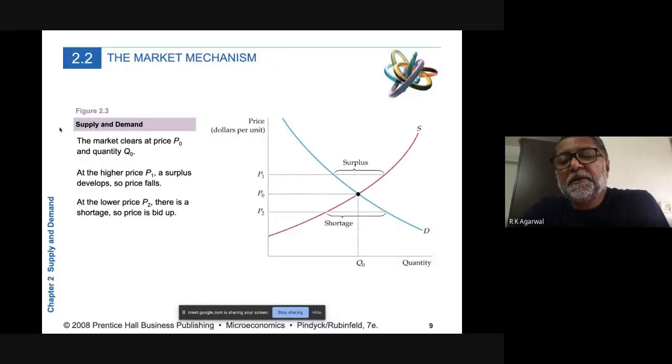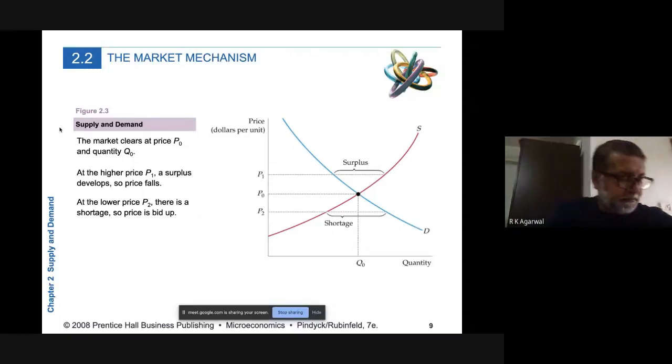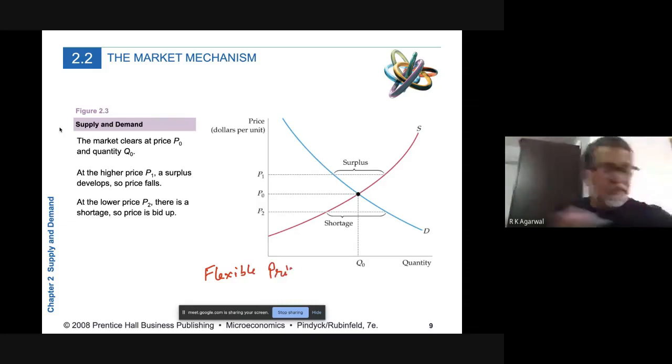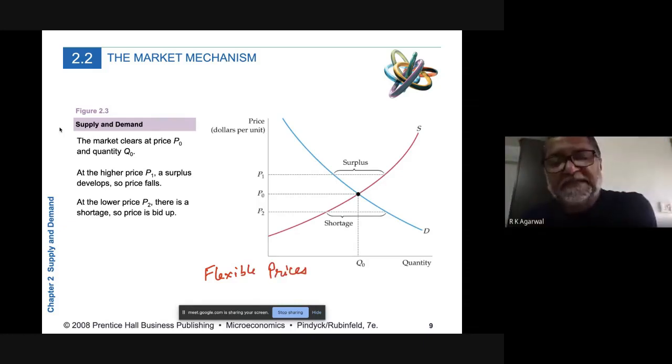I said that if prices are flexible, that is, if prices are allowed to go up and down in response to demand and supply, then the market will eventually reach equilibrium.